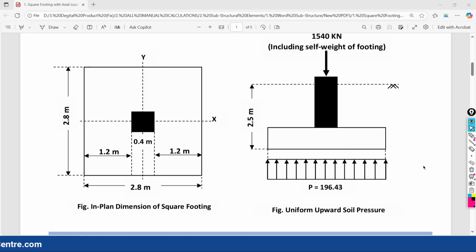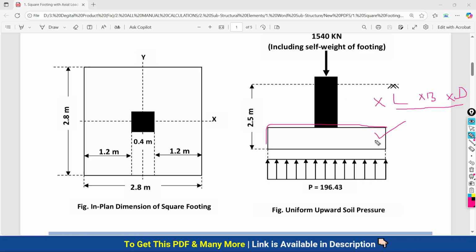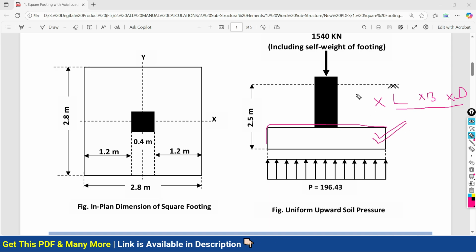But to know the self weight of the footing, we need to know three things: the length of the footing, the width of the footing, and the depth of the footing. Basically, if you multiply these all by the unit weight of the material it is made of, you will get the self weight of the footing. Unit weight of concrete is 25, then length, width, depth.